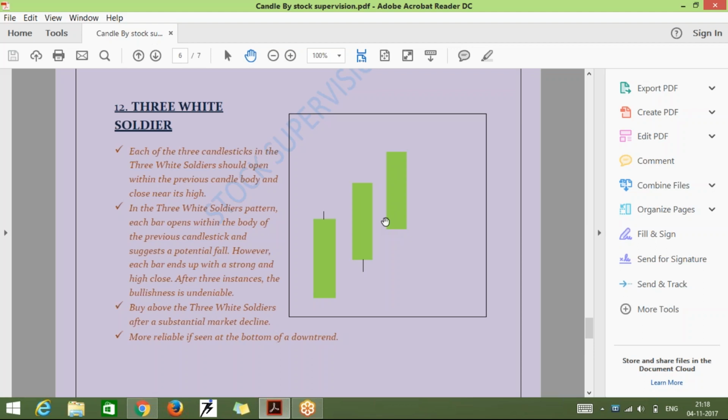Each of the three candlesticks in the three white soldiers should open within the previous candle body and close near its high. But one more thing is, it's definitely riskier to trade. Riskier in the sense the stop loss range in this case is quite more, because we are trading for the candle itself.